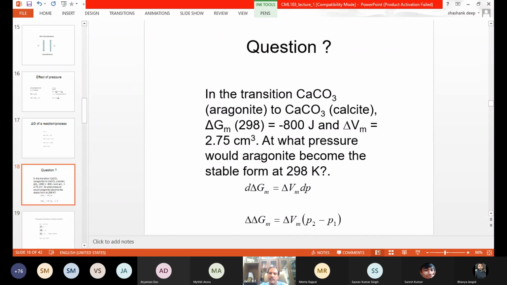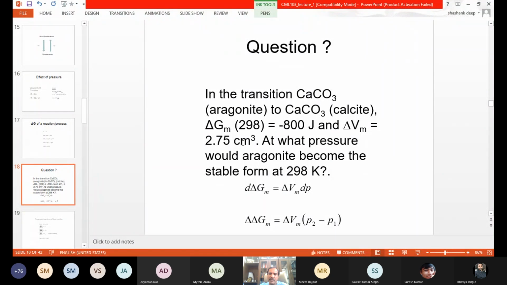Suppose I want to convert calcite to aragonite, what should we do? Again, here we can apply this equation. Since delta V is positive, if I want to make calcium carbonate in aragonite form stable, we need delta G to be a positive value. Only then can I make the aragonite form more stable, so it will not go to calcite. It will be a non-spontaneous process. So we have to increase the delta G value.